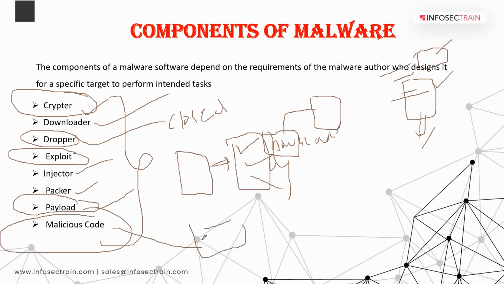This piece of code defines the basic functionality, your end goal, such as macros, browser plugins, or pushed content. So these are the components of a malware. It depends on the objective of the attacker, and they will choose the components accordingly.